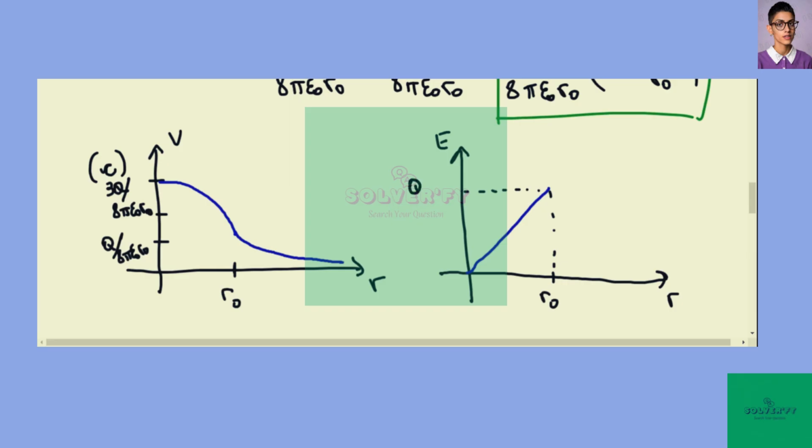So it's equal to Q over 4 pi epsilon 0 r0 squared, and then it decays as 1 over r squared. Okay, which is the answer to our exercise.